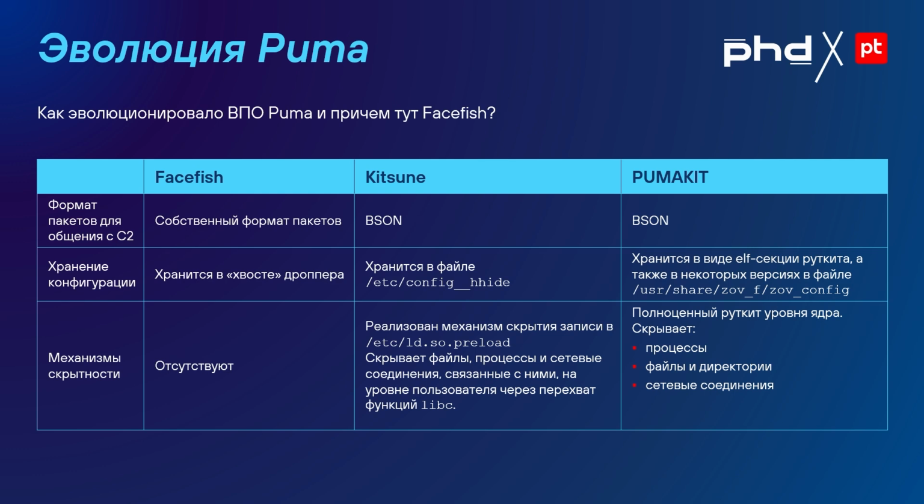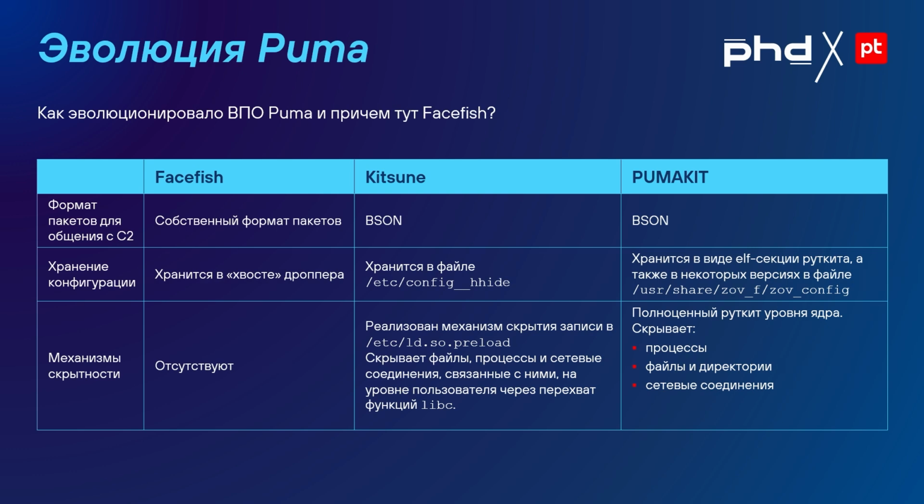Here we can see that we have analyzed a lot of samples, both of Kitsune and PumaKit, and we can see that indeed they have a lot of similarities. We believe that Puma is just the next version of Kitsune, and Kitsune from the start is based upon the open source code Azazel.